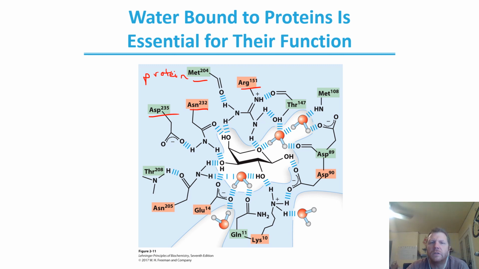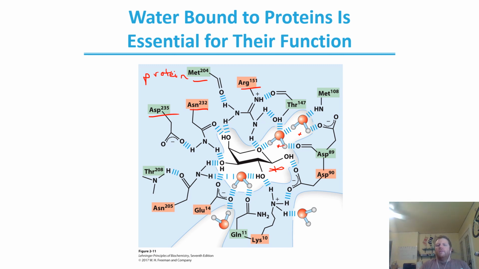Well, those are the individual amino acids, and what this is showing you is all of the different bonds, specifically hydrogen bonds, that are taking place between a substrate molecule right here and water molecules and all of the different amino acids within this protein.